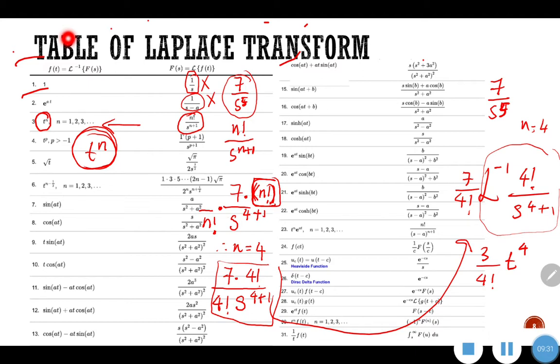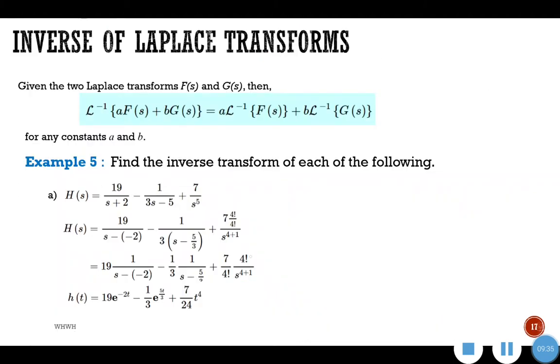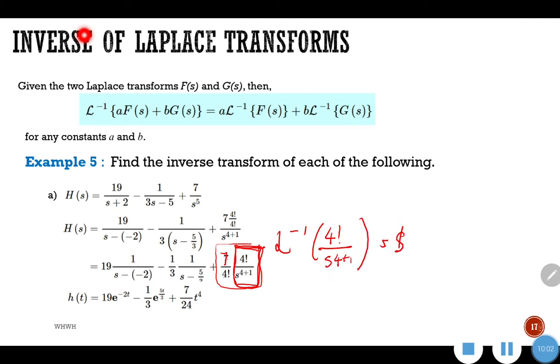Alright. Okay, so saya rasa sekarang ni semua orang dah faham kenapa jawapan yang kat sini dia keluar jadi 7 over 4 factorial then 4 factorial over s to power of 4 plus 1, because the inverse Laplace of 4 factorial over s to power of 4 plus 1 ni adalah equals to t to the power of 4.